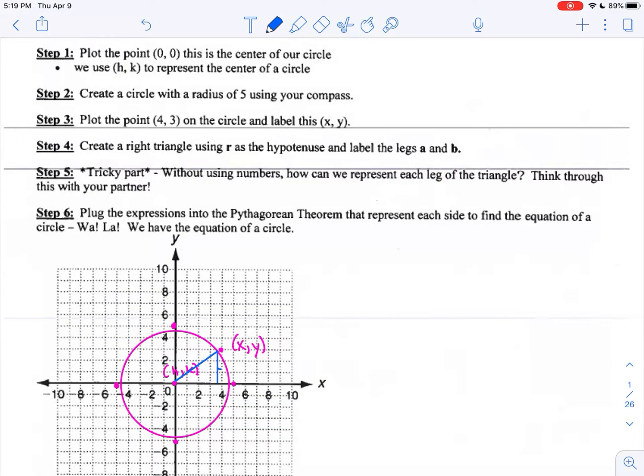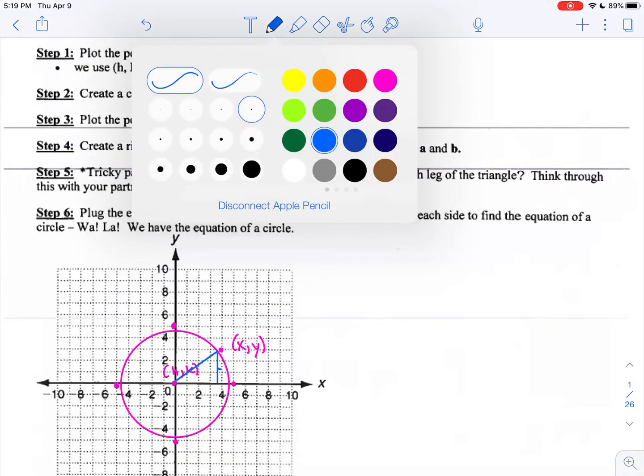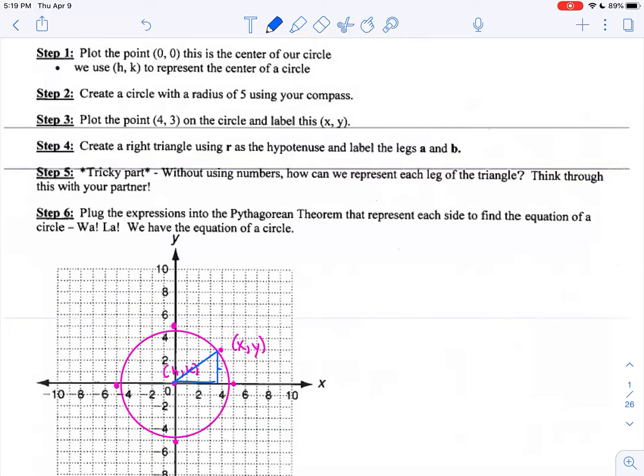That line's not wanting to move to 4, 3, so I'll keep it there for now. Just assume that it is lying on 4, 3. And let's go ahead and draw that. Okay, so they did ask that we label the legs a, this leg b, and then the hypotenuse we're going to call r.